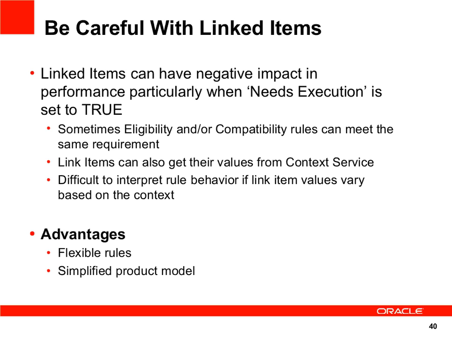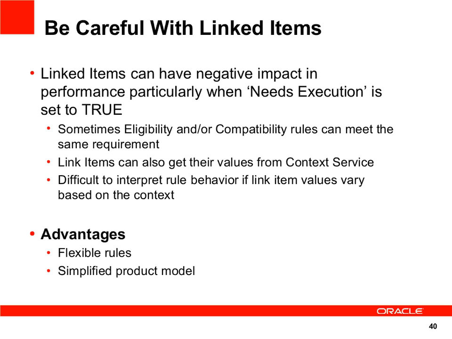And another point, which is sometimes quite difficult to find out what's going on, is that linked items are sometimes dependent on the context. So let's say on quotes you have a different definition than on an order, or the linked item has a different value on quotes or an order, and this means that the rules based on linked items have a different meaning or even a different behavior.